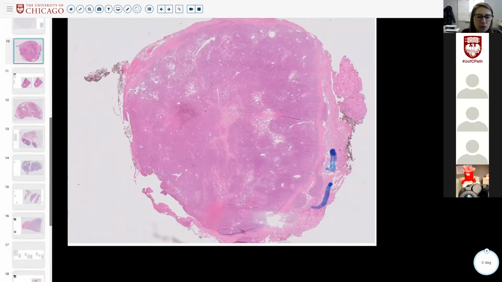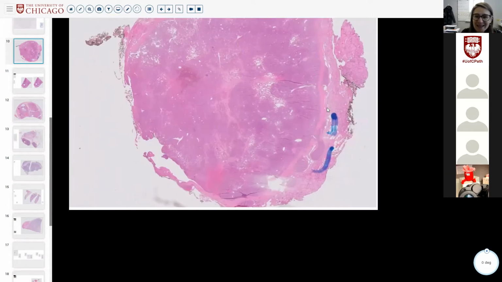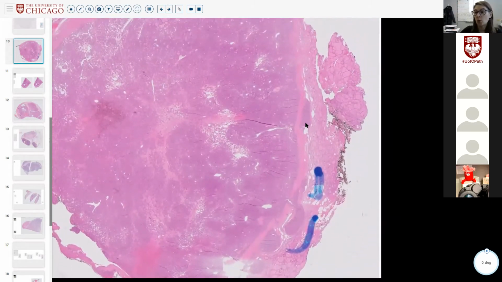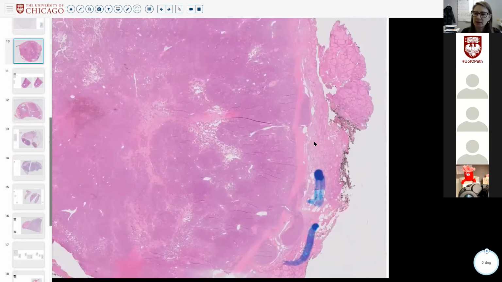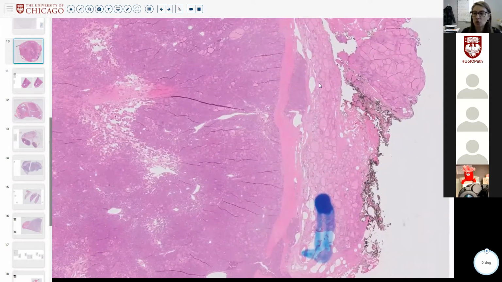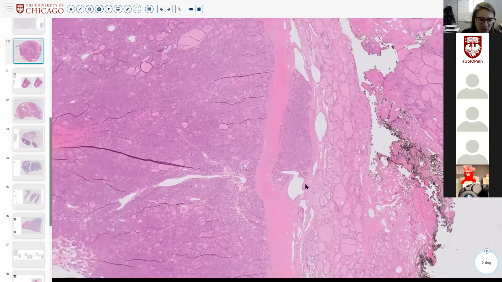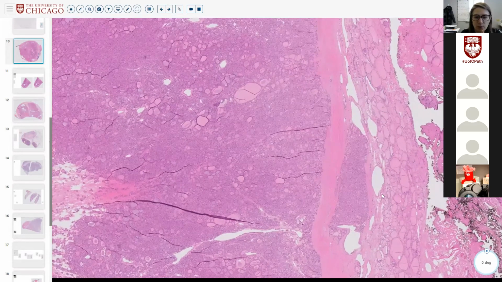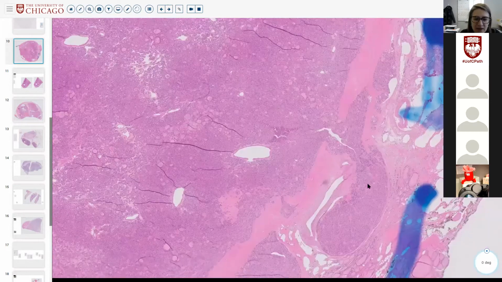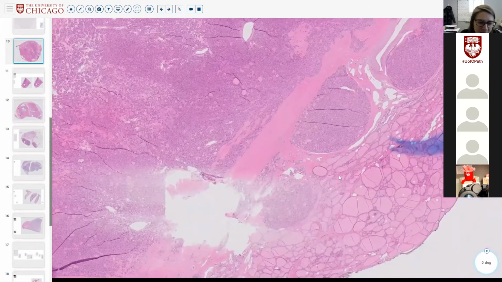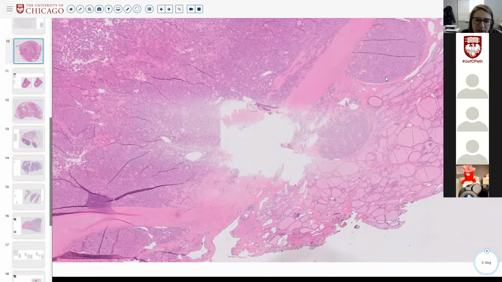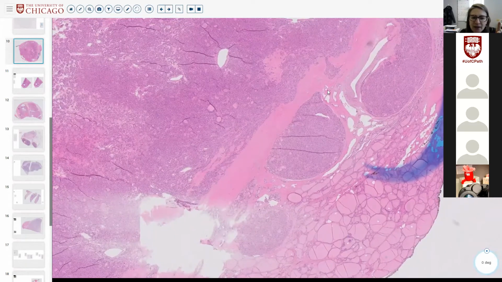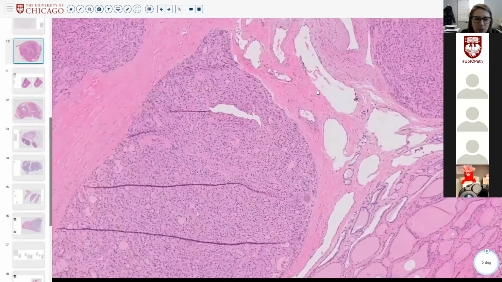And if you see these blips with intervening normal, capsular irregularity shouldn't necessarily have intervening normal on either side of it. And so this seems to be on the other side of the capsule, pushing out normal. I know it can be challenging, and unfortunately this isn't normal thyroid follicles.